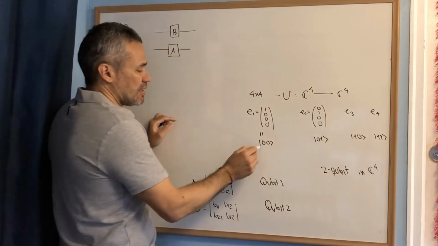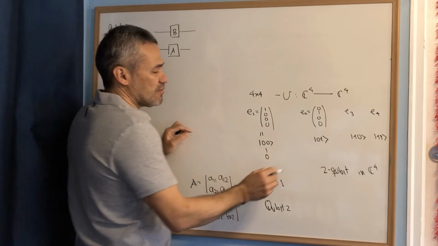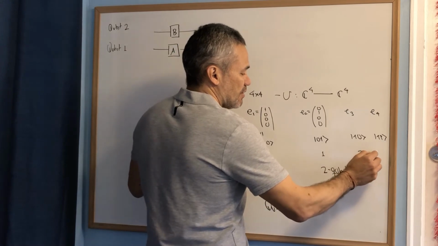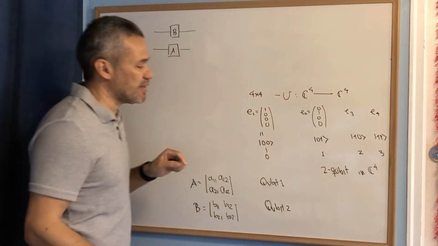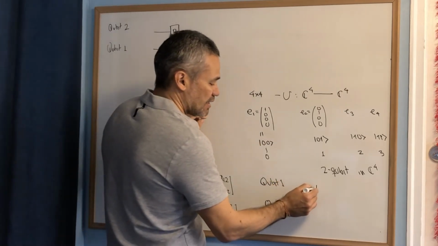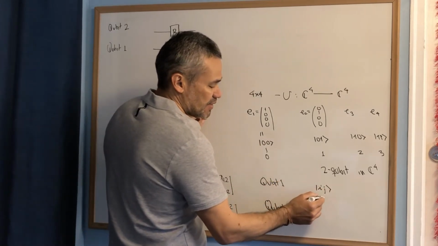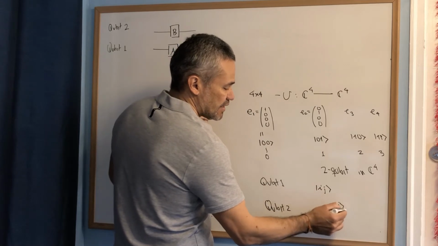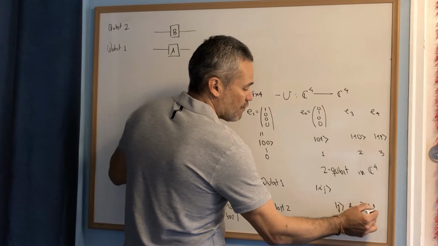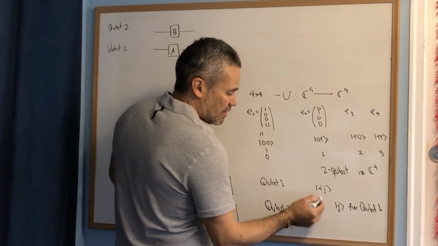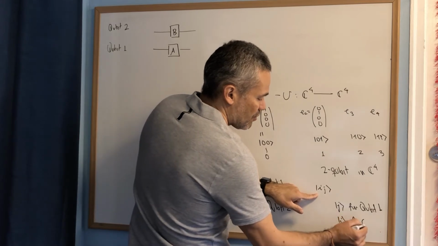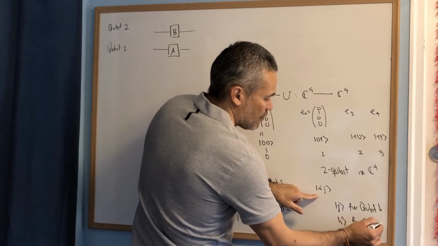Remember that we are using binary numbers. This is number 0 in binary numbers, this is number 1, number 2, and this is number 3 in binary numbers. And our interpretation says that when we have something like ij, that means that we have this state for qubit 1, and we have this state for qubit 2.